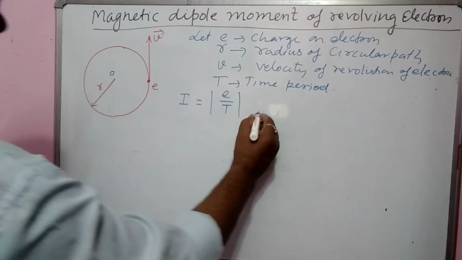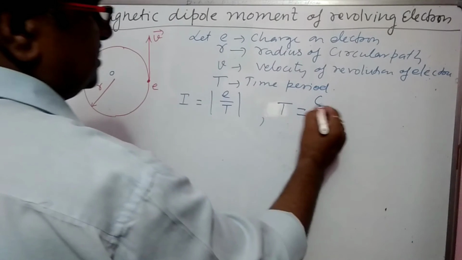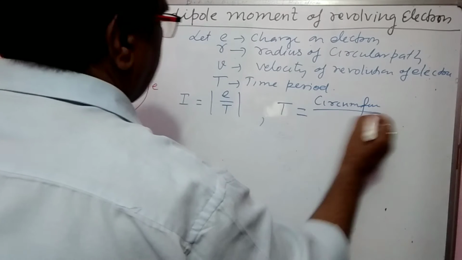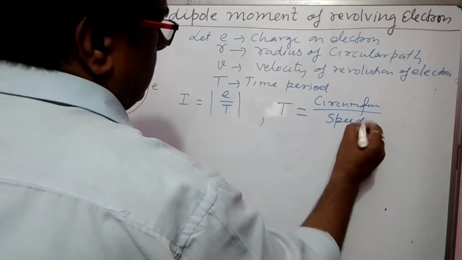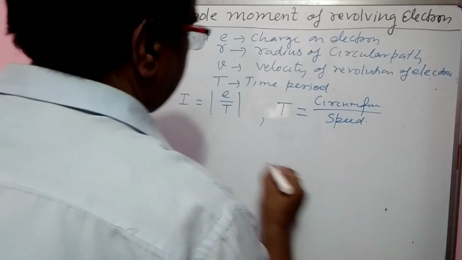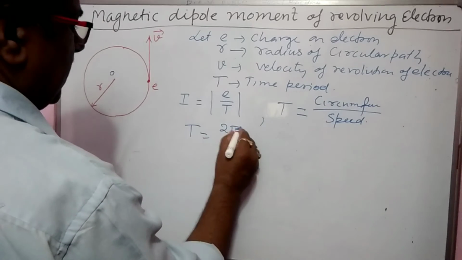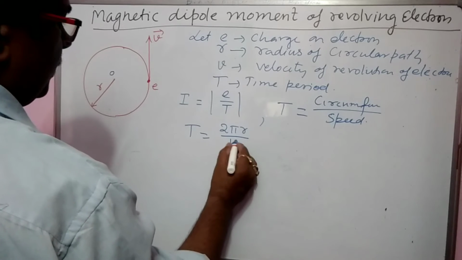Here time period may be given by T is equal to circumference divided by speed, this orbital speed. So we can write time period T is equal to 2 pi r, r is the radius of the circular path, divided by v.